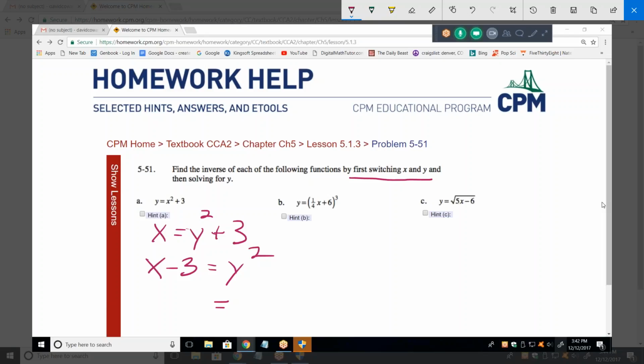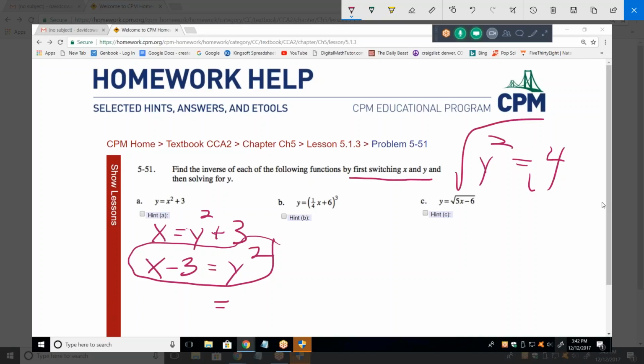I said y squared equals 4. How would you solve it? It's being squared, so you would take the square root of both sides.